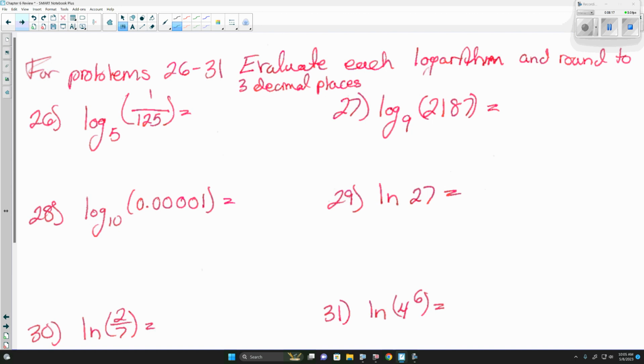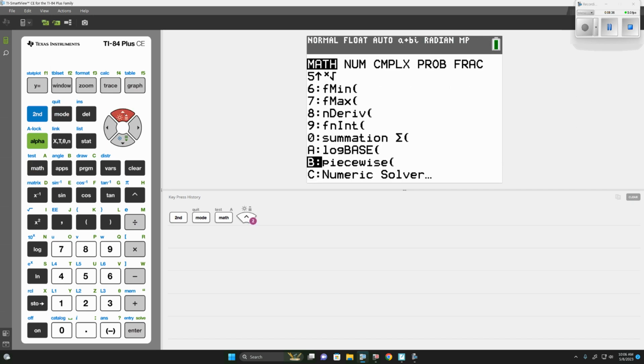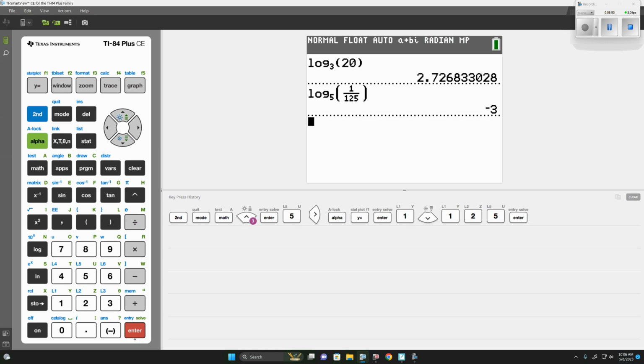Evaluate each logarithm and round to 3 decimal places. So for the most part, we can plug these into the calculator. For the first one, we can use the graphing calculator and say math, log base 5 of, I believe it was 1 over 125, correct? And if we type this in, we get -3.